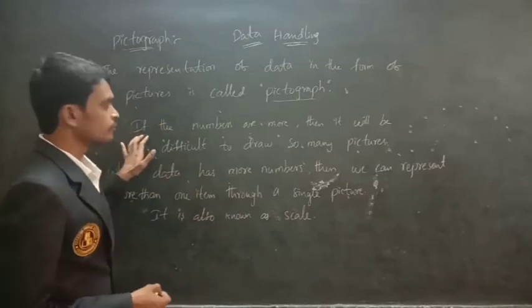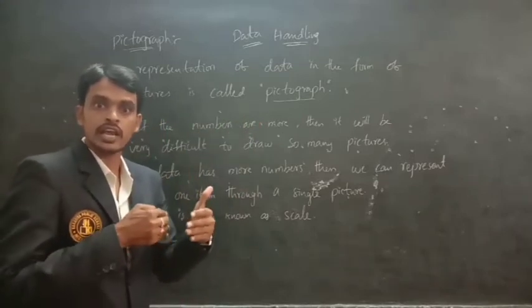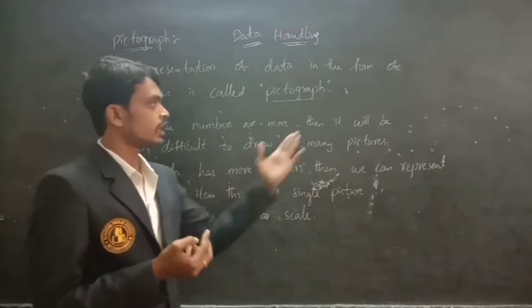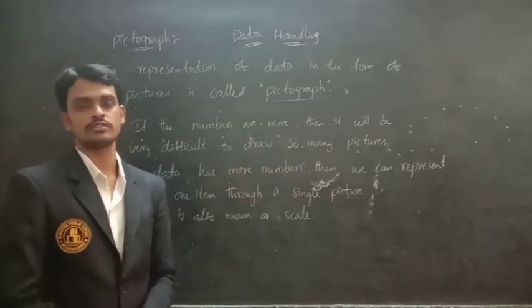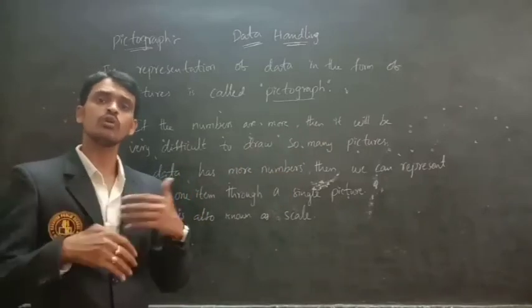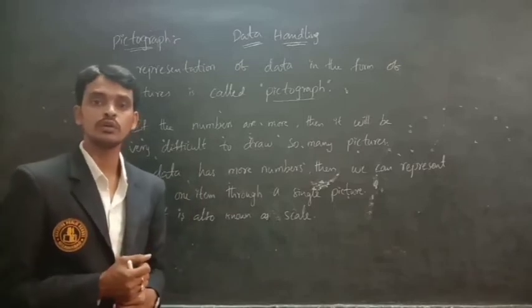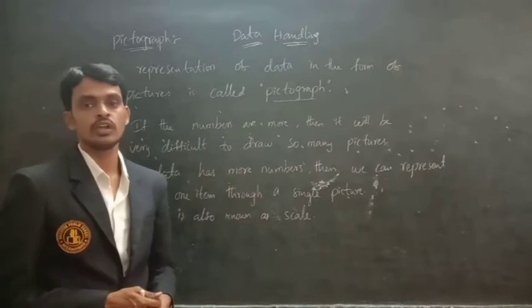If the data has more numbers, then it will be very difficult to draw so many pictures. If the given number of data is more, what will we do? Draw many pictures? No, it is very difficult.